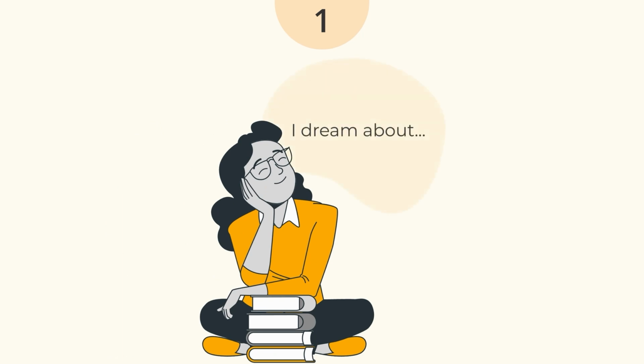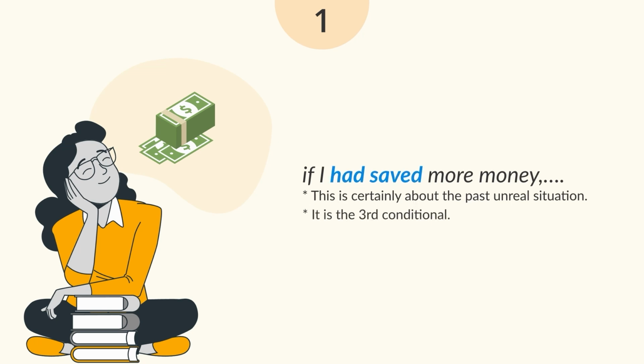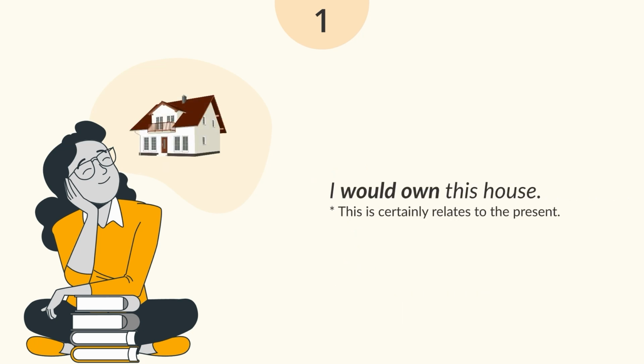Imagine, I dream about it: if I had saved more money. This is certainly about the past unreal situation. So, let's colour it in blue. Do you remember the type? Yes, it is the third conditional. To continue the dream, I would own this house.